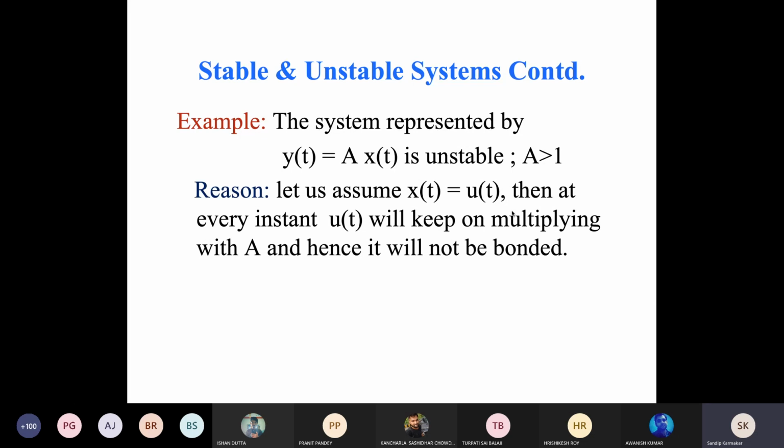Okay, the system represented by y(t) = a x(t) is unstable if a is greater than 1.